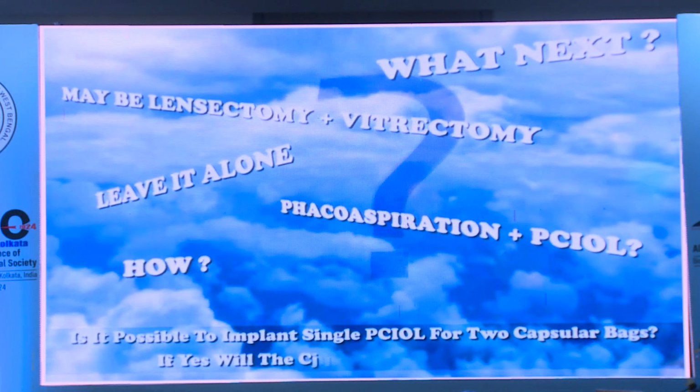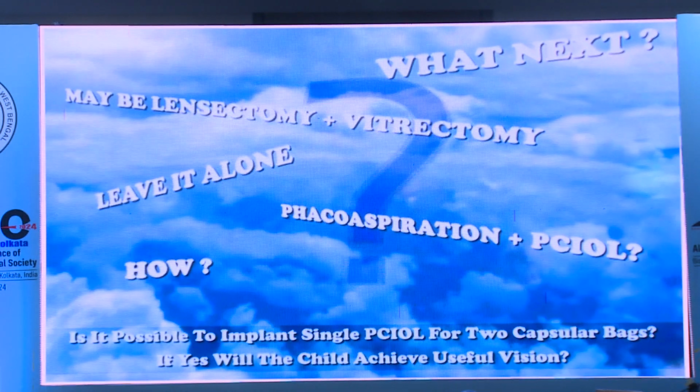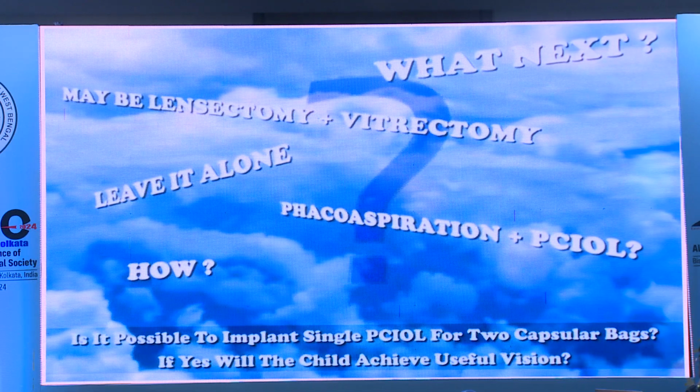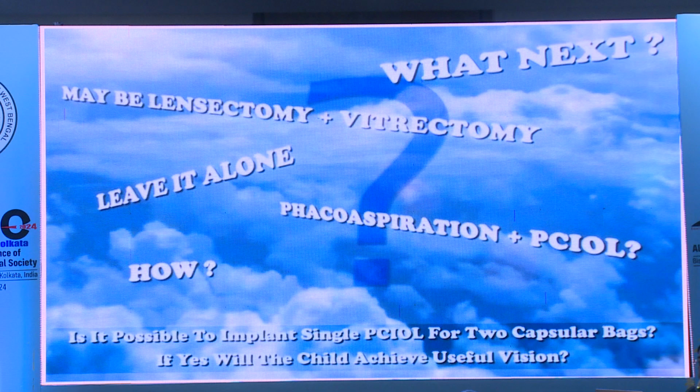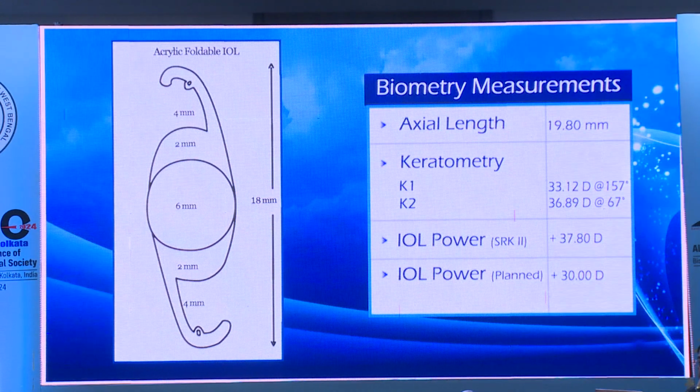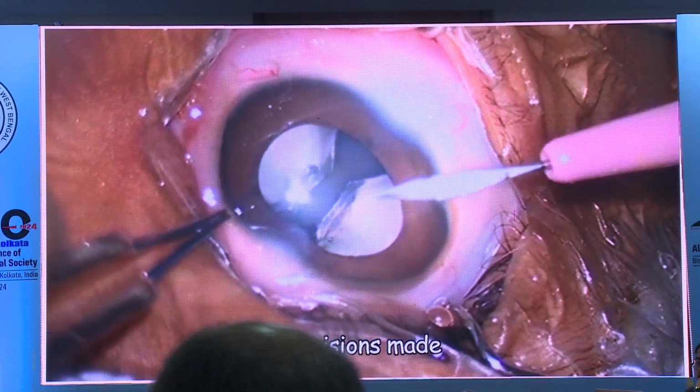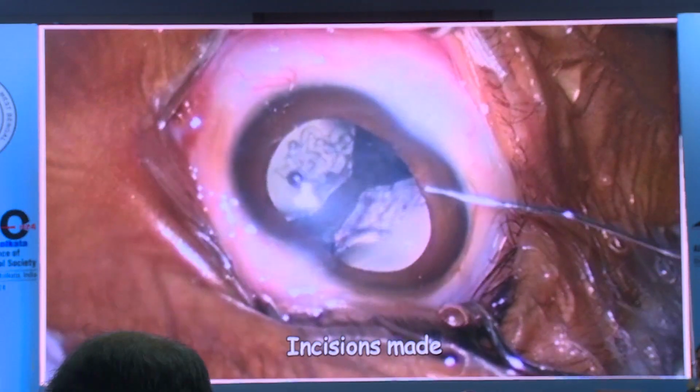We thought about what should be done in such a child. Though this is an extremely rare situation, a customized IOL was made for this child. 3 of the IOLs were made because we thought that we may not succeed, or if there is breakage.